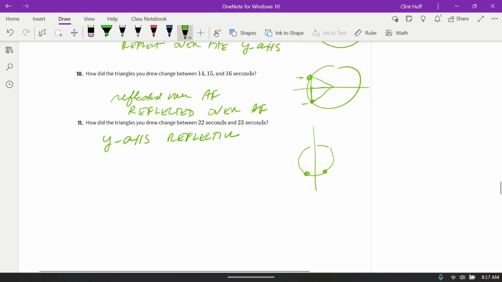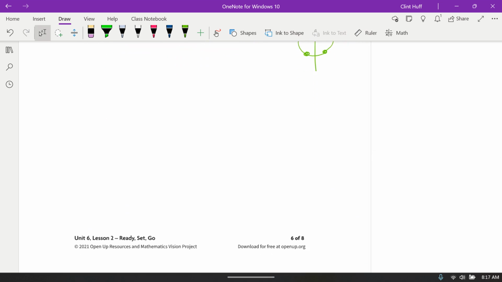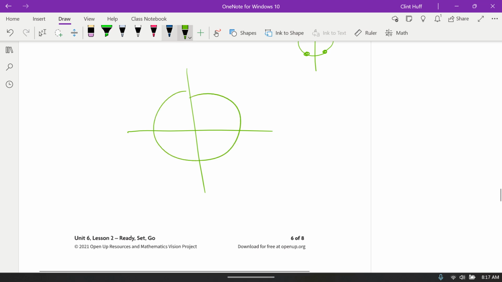All right. Just as an aside here, as we go around a circle, if I rotate from here to here, stop, and look at that triangle, if I reflect that triangle over the y-axis, this position is going to have the same y value as that position, but the x positions would be opposite to each other.